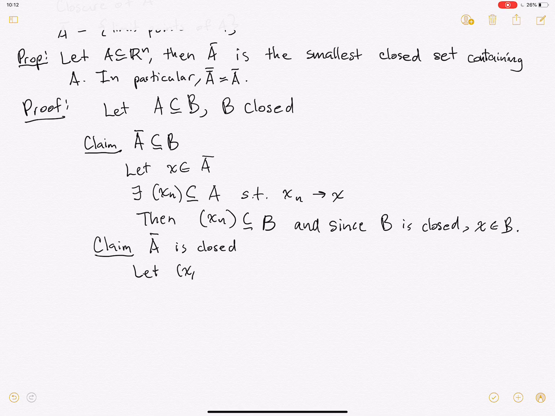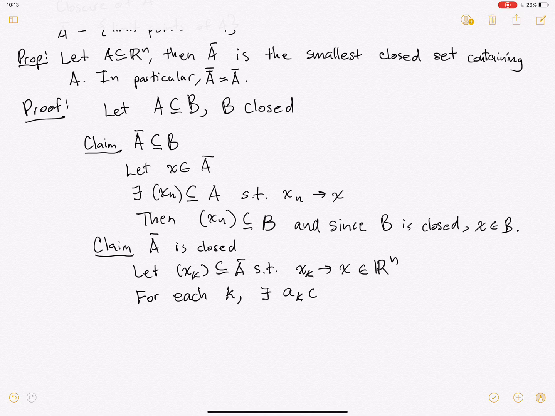Let there be a sequence in A bar such that xk has limit x, and for each k, there exists some ak in A such that the norm of xk minus ak is less than 1 over k.